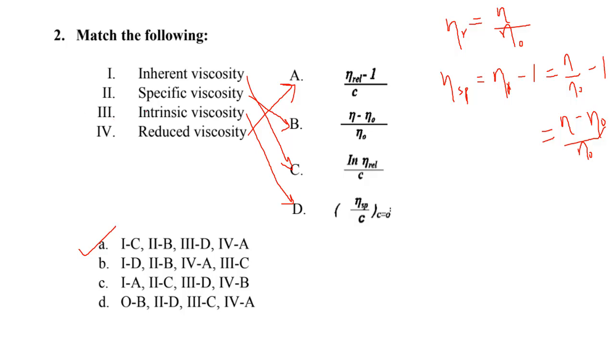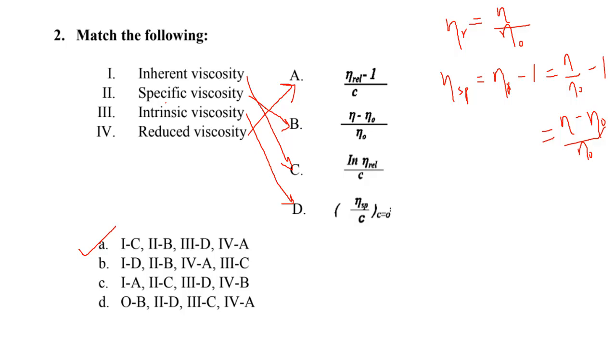Specific viscosity is the viscosity in reference to a particular material. For example, in fluid mechanics, if I want to check the viscosity of oil, suppose the dynamic viscosity of oil is 900 kg per meter cube. And for water, the viscosity is 1000 kg per meter cube.